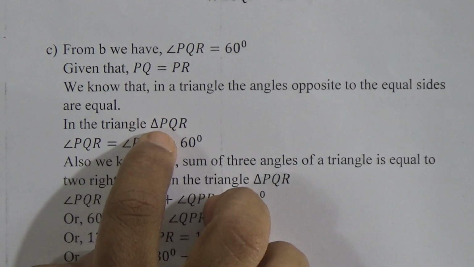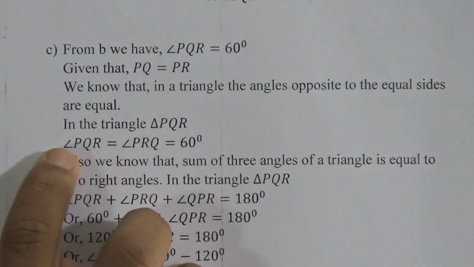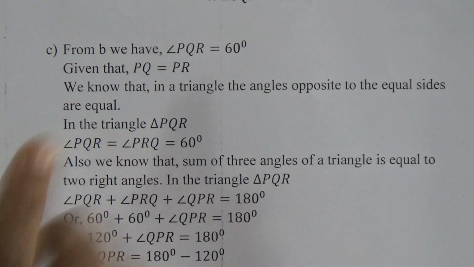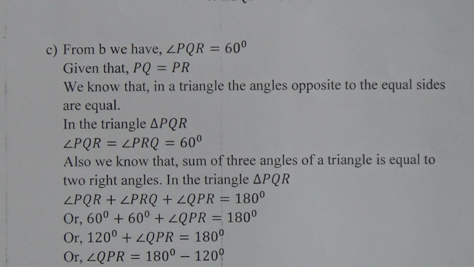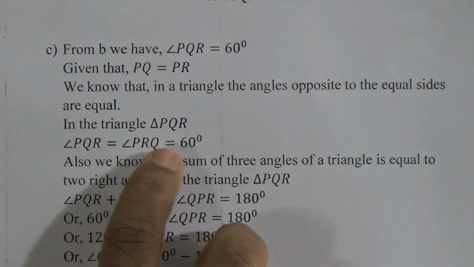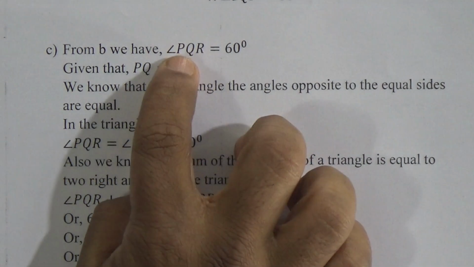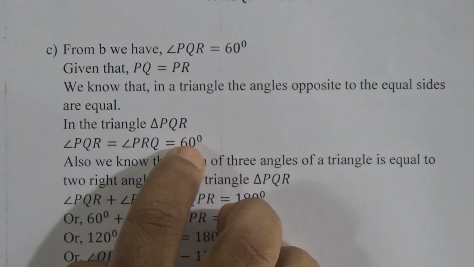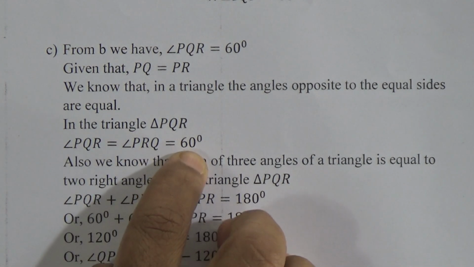In the triangle PQR we can write the angle PQR equal to the angle PRQ, because PQ and PR are equal, and the value of PQR is 60 degree, so these two angles will be 60 degree each.